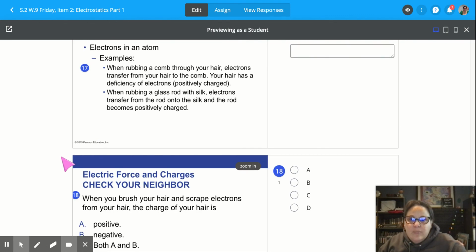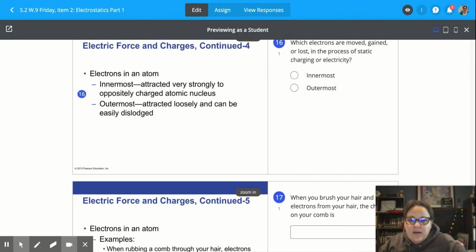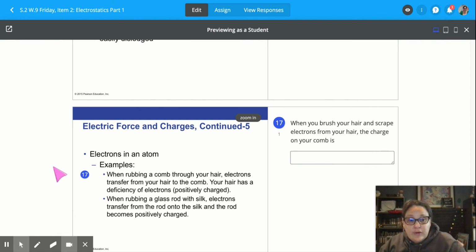All right. When we charge something with static, like when we rub a balloon on our hair or comb our hair and some sort of charge forms, like if you've ever brushed your hair and it goes all crackly, what's happening is you're removing electrons from your hair.